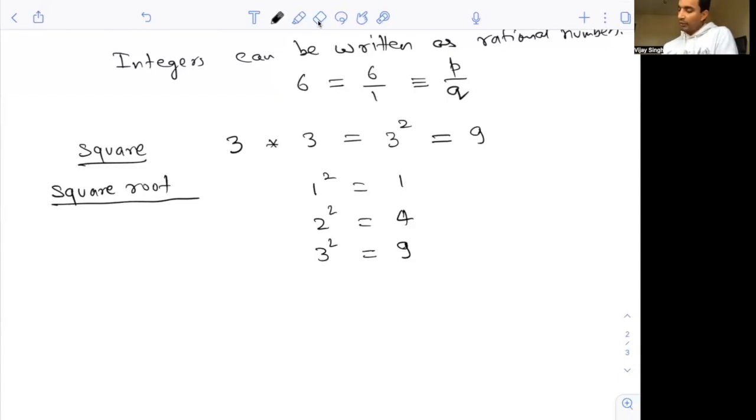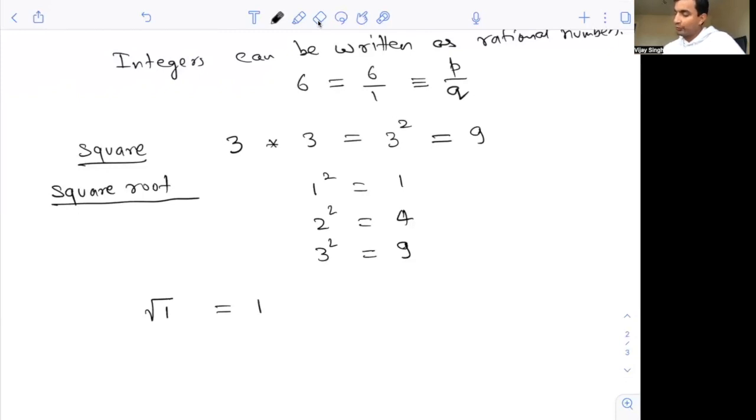So if you want to define the operation of square root, let's say we take the square root of the number 1. Square root is denoted by the symbol like this. So the square root of 1 would be 1. When you do the square of 1, you get the number 1.